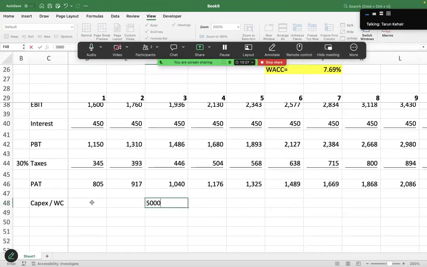So in the third and sixth year I'm putting 500 CR. And I think in the second and fourth year you have working capital, right? 25 each.